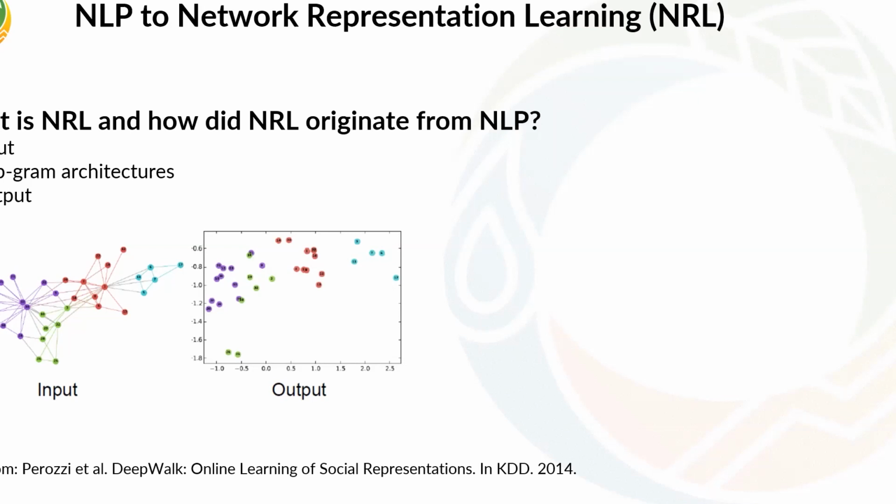But for network representation learning, you are given a constructed network based on your problem domain. Some of the techniques both use skip-gram architectures, which I'll talk about in more detail later. And the output: NLP gives us the embedding vector of a word, but network embedding generates the embedding vector of an object in the network.